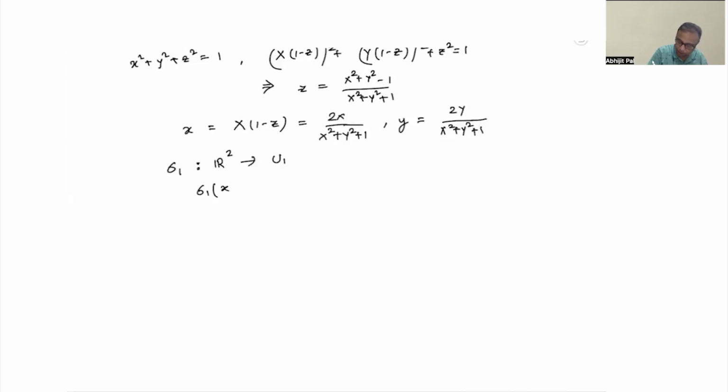Sigma 1 of capital X, capital Y is equal to 2X divided by X square plus Y square plus 1, 2Y divided by capital X square plus capital Y square plus 1, comma, capital X square plus capital Y square minus 1 divided by this.